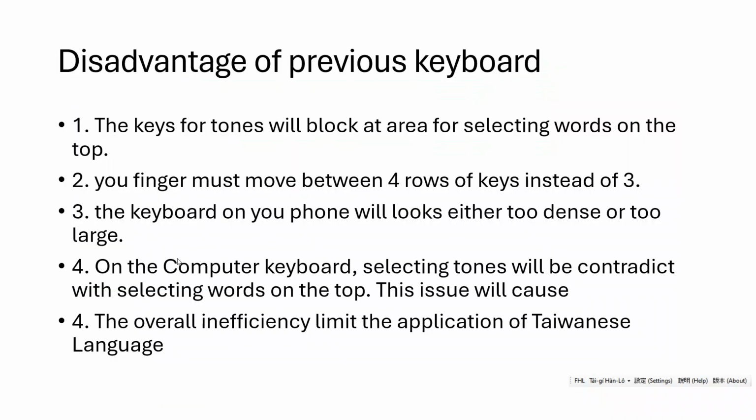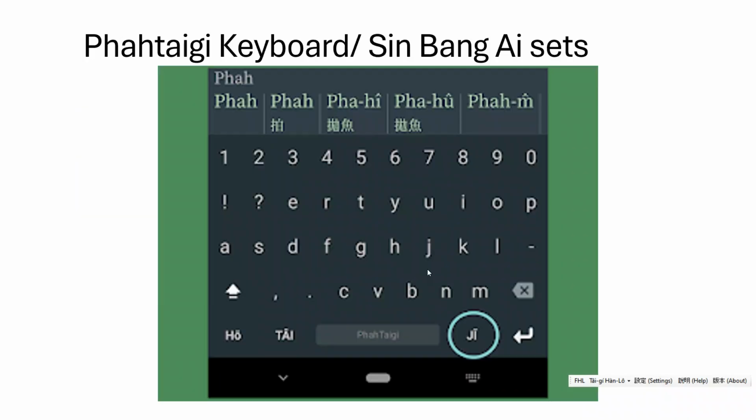And on the computer keyboard, selecting tones will conflict with selecting words on the top. This issue will cause you to type very slowly because you must type all the elements, including the tones, then you can select the final output, the word.